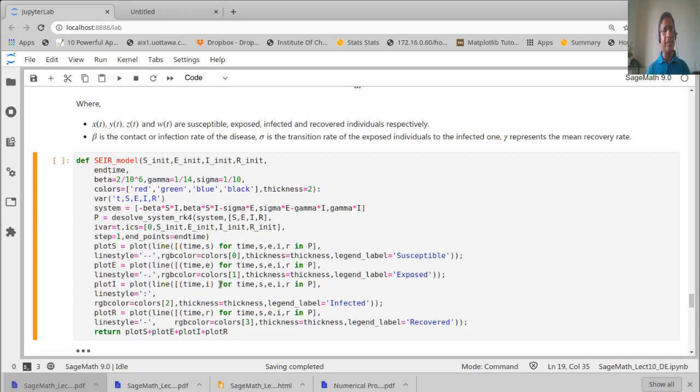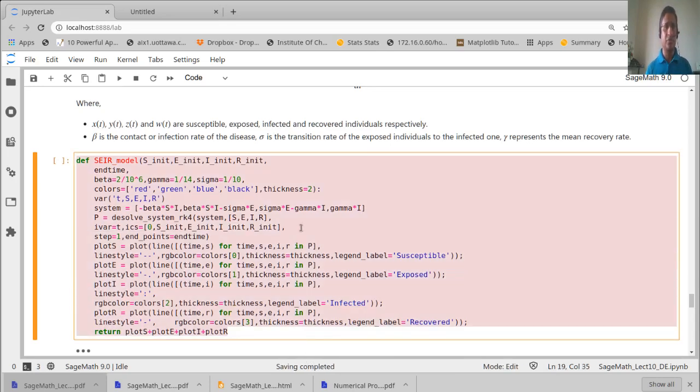Here I have made a user defined function. This is the initial condition for each of these four parameters, that is S init, S for susceptible, E for exposed, I for infected, and R for recovered.